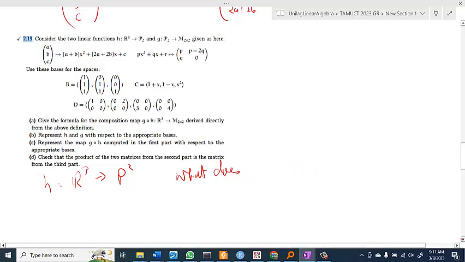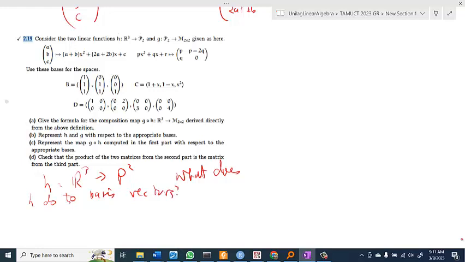So what does H do to the first one? H of 1, 1, 1 is equal to, A, B, and C are all 1, so that's 2x squared plus, and then A is 1, B is 1, so that's 4x plus 1.